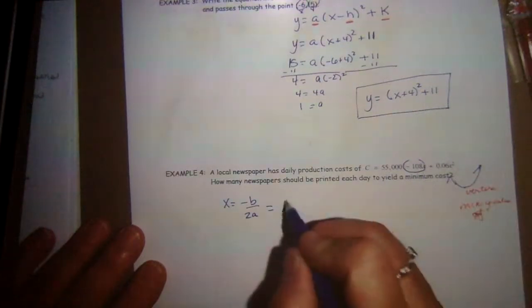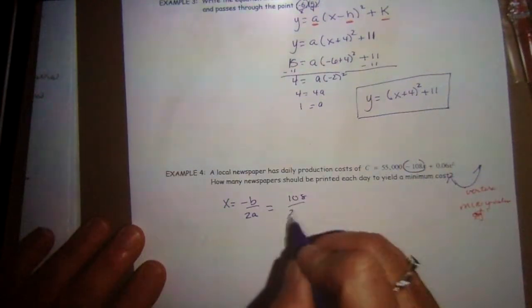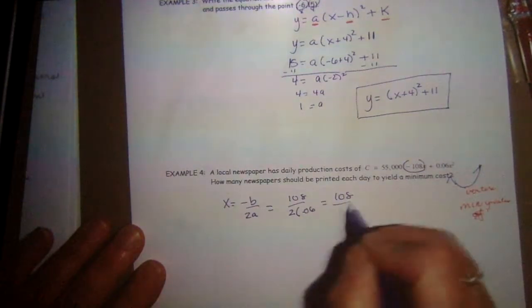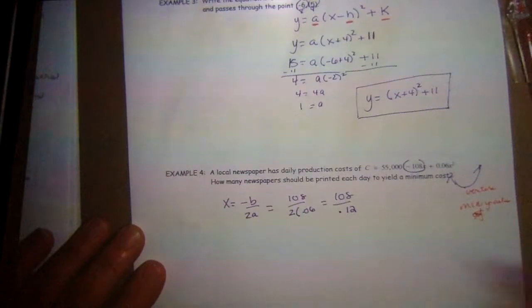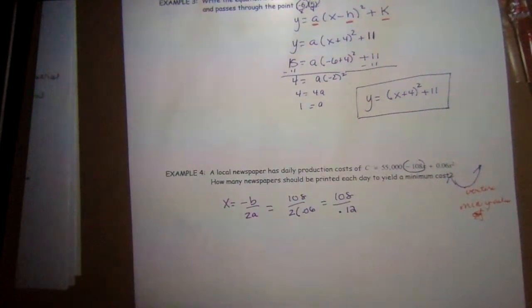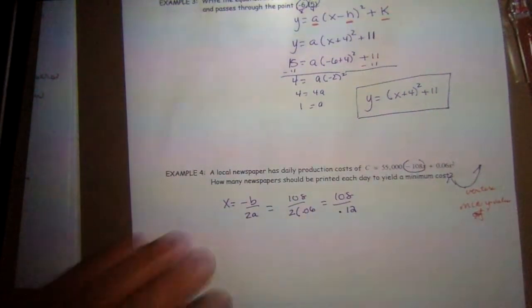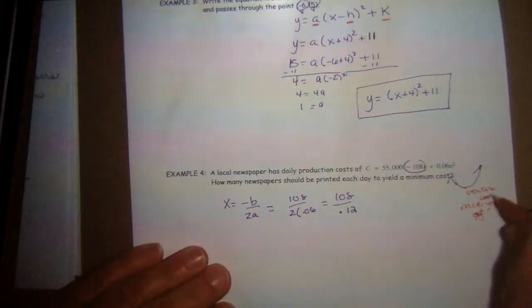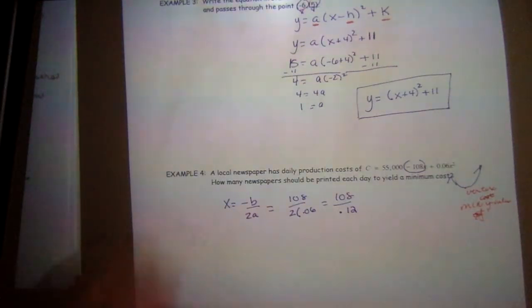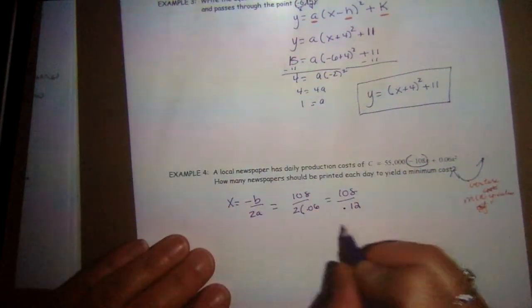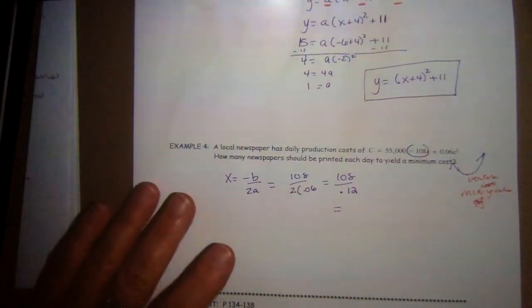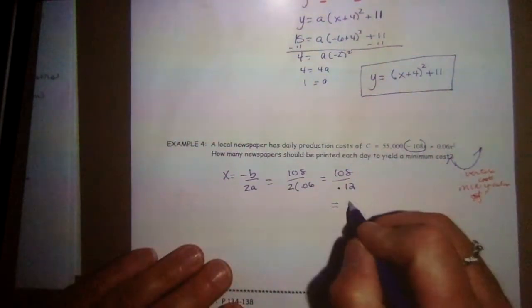Negative 108, so 108 over 2 times 0.06. What's 108 divided by 0.12? 900.